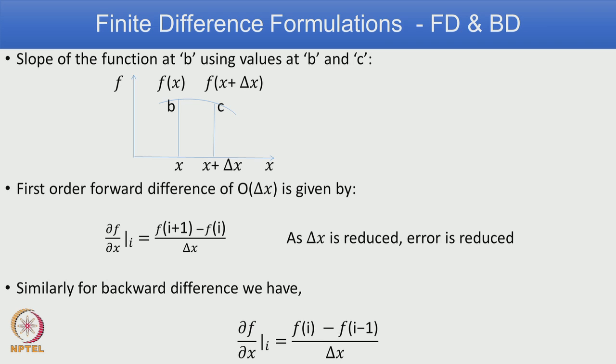It is also to be noted that the error associated with the derivative gets reduced as the delta x is reduced. Now, in today's class we will see detailed steps on how to obtain this backward differentiation scheme formula.